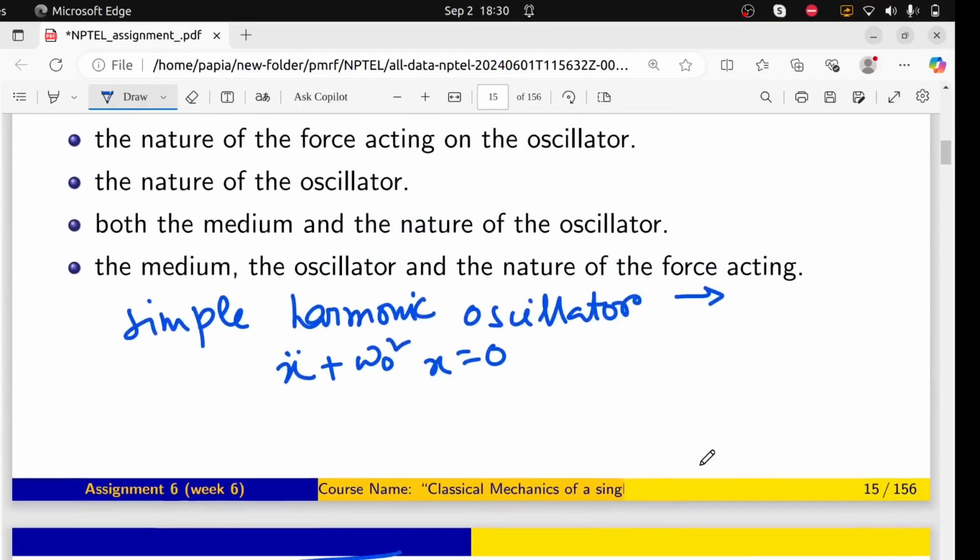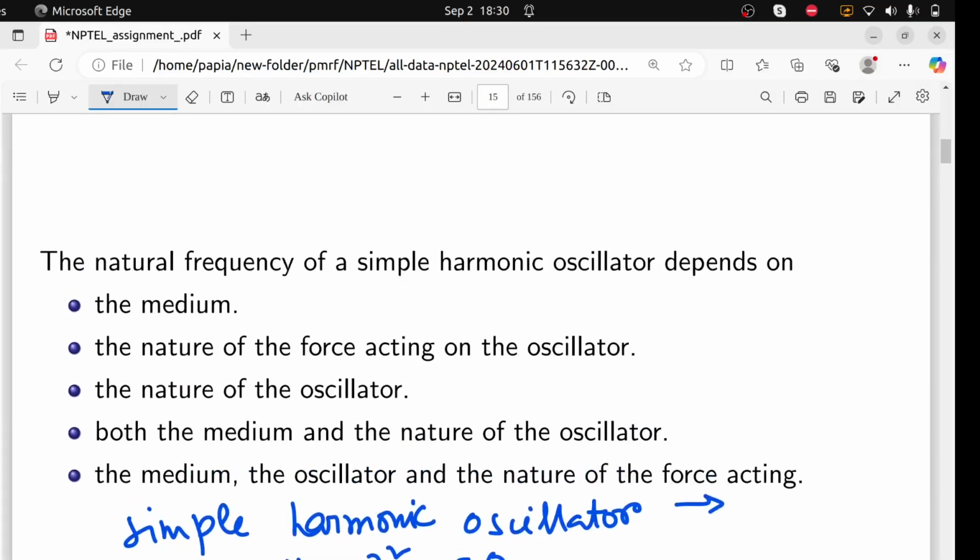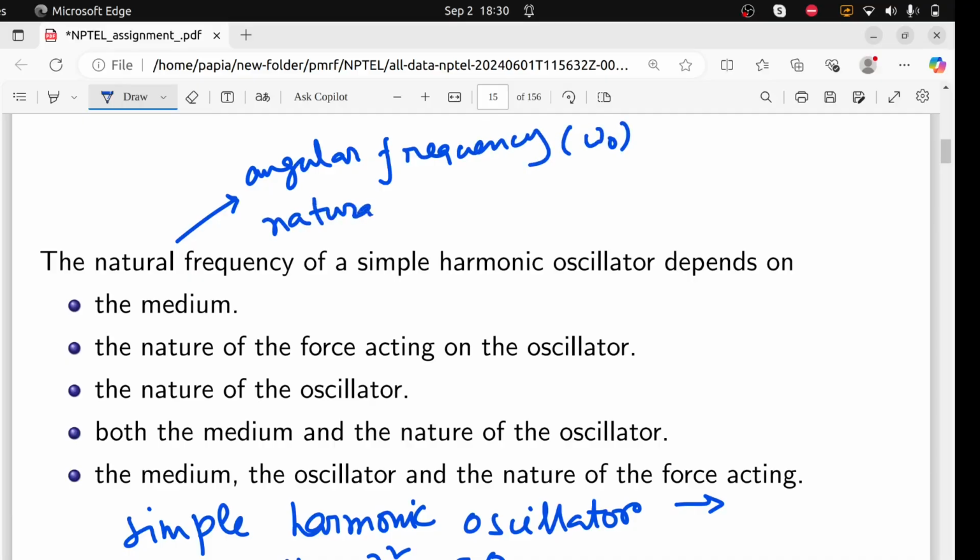Okay, so natural frequency. Now if I'm talking about angular frequency, it was omega 0. If we are talking about natural frequency, I can write it as f0, where f0 is nothing but omega 0 by 2 pi. Okay, so the natural frequency of a simple harmonic oscillator depends on the medium? No. The nature of the force acting on the oscillator?